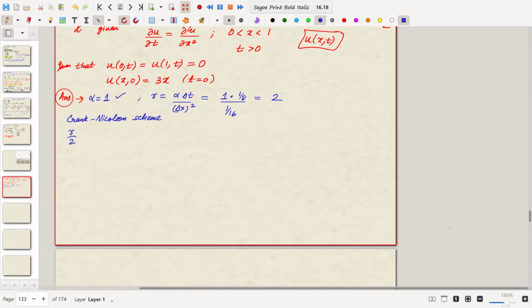What is the scheme? R by 2, equal to plus, minus 1 minus R.